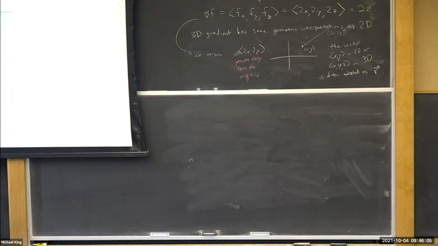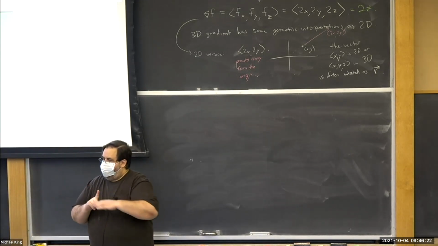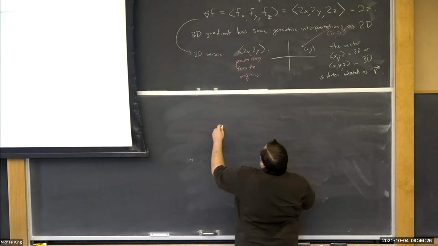Well, the gradient is a vector, right? It's one vector. So at a point, it would be one specific vector again. But you anticipated what I want to say next, which is that now it's perpendicular to level surfaces instead of level curves. Yeah, it's orthogonal to level surfaces. So in fact, the same geometric interpretations as 2D.